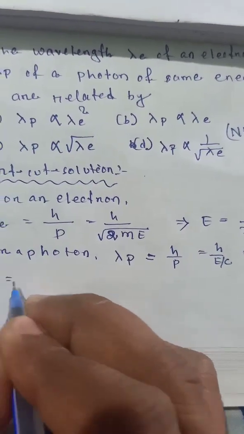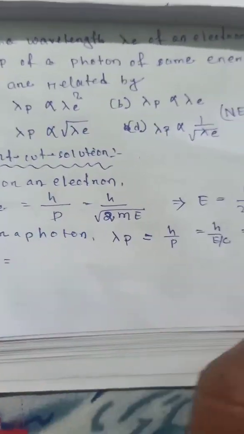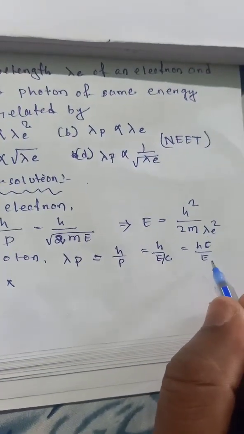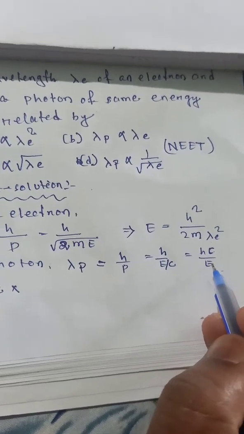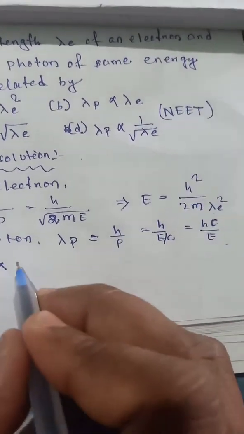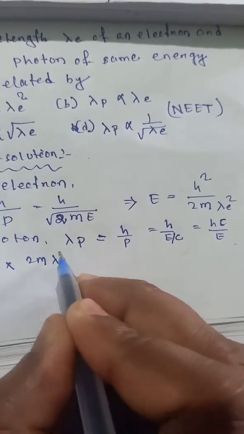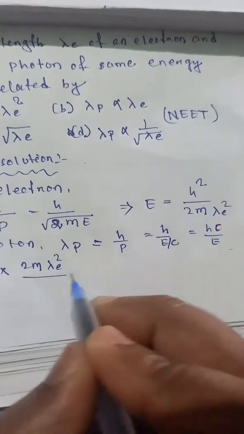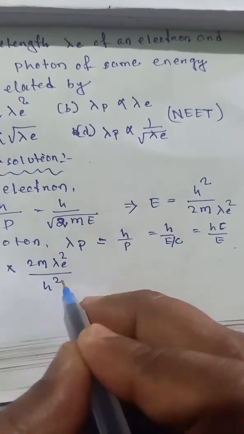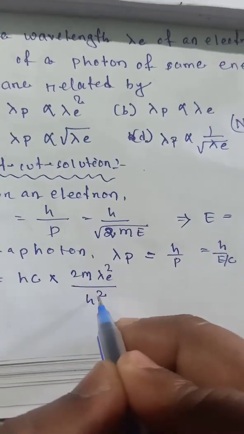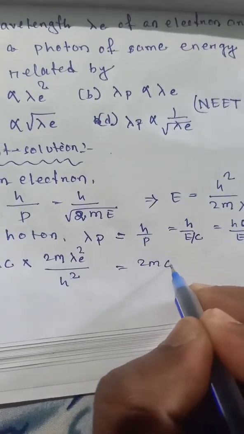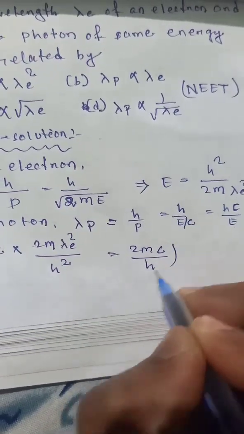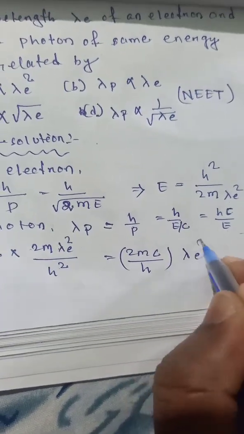So the wavelength of a photon is equal to hc into 1 by E. Substituting the value of E, we take the reciprocal: 2m lambda_e squared divided by h squared. One h will cancel, so we get 2mc divided by h, times lambda_e squared.